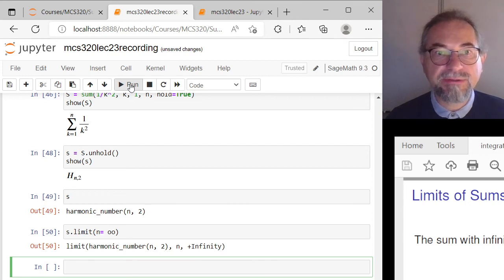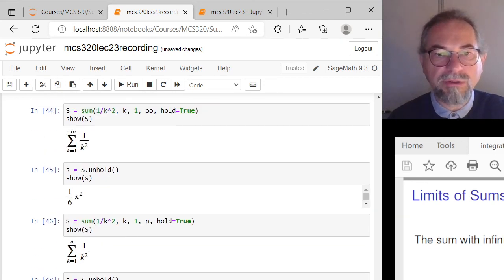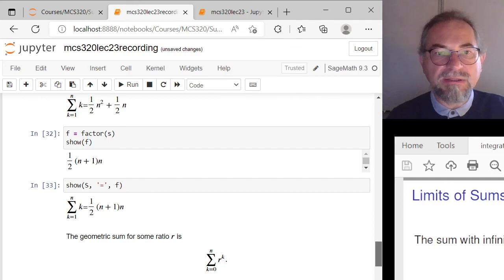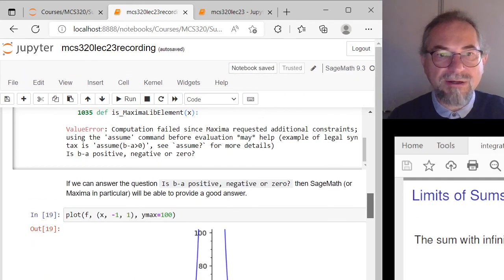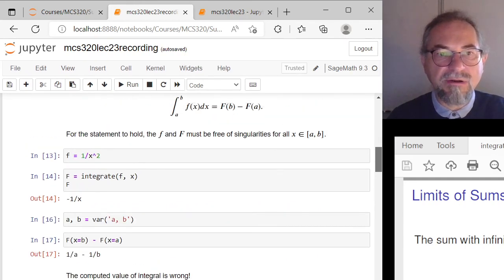We illustrated many good applications of the hold. One can do this for pure typesetting reasons, that you want to see the result nicely typesetted. So this is a way of preventing the evaluation. It's also in the context of numerical integration. It's a very good way of saving time.